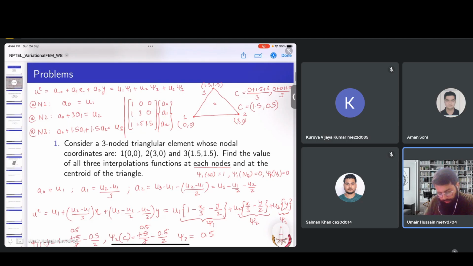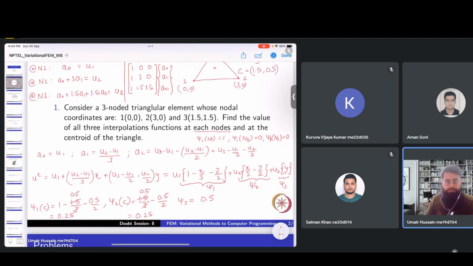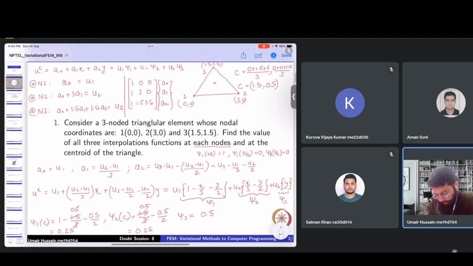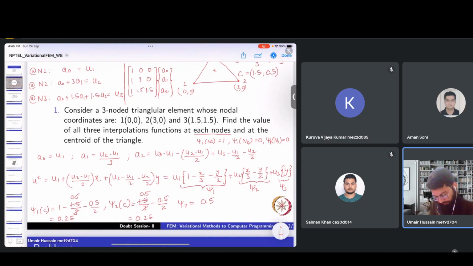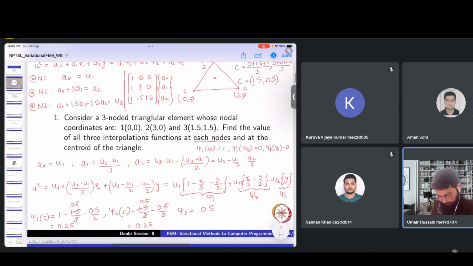Okay, and we can just verify that psi 1 at 0, 0 will give 1, of course, and at 3 comma 0 it will give 0. And at 1.5 comma 1.5, no, I think this will not be 0.